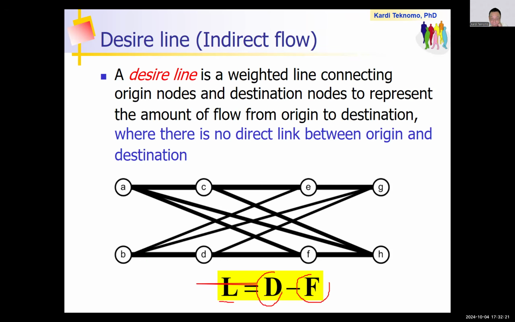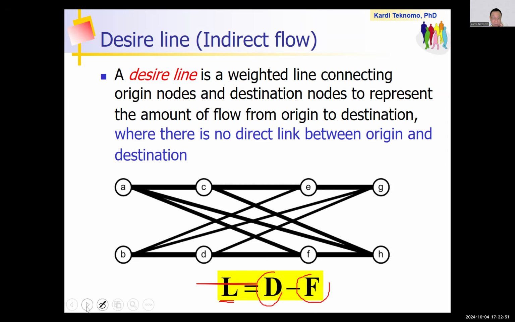Then you can get what we call the desired line or indirect flow matrix. This is the line connecting between a certain origin and a certain destination of the node, where there is no direct link between the origin and destination.